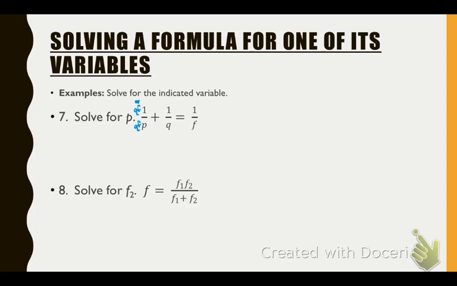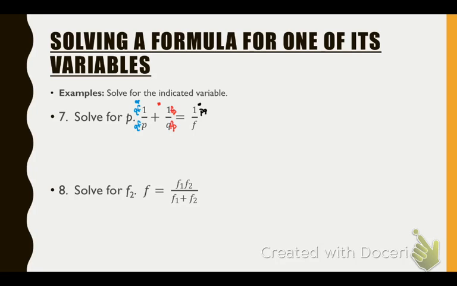What does this one need? F and P. F and P. What does the last one need out here?